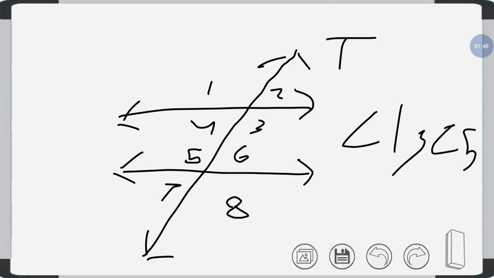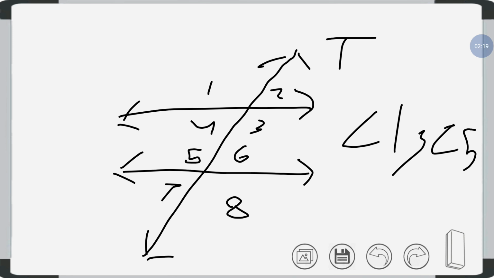As you see, angle 1 is at the left side of the transversal line, while angle 5 is also at the left side of the transversal line. And it said that they should both be at the same side of the transversal line. So till here it's correct.